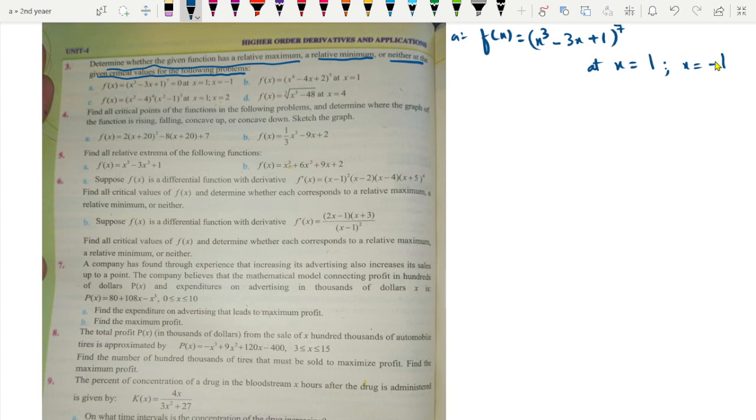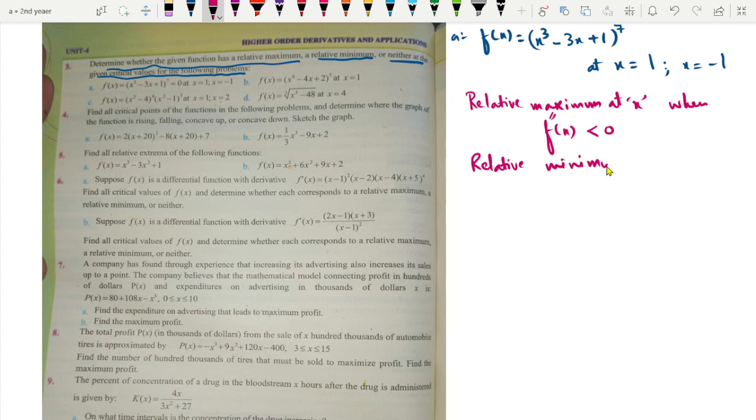For relative maximum and relative minimum: the function has a relative maximum at x when f double prime of x is less than 0, and the function f of x has a relative minimum at x when f double prime of x is greater than 0.